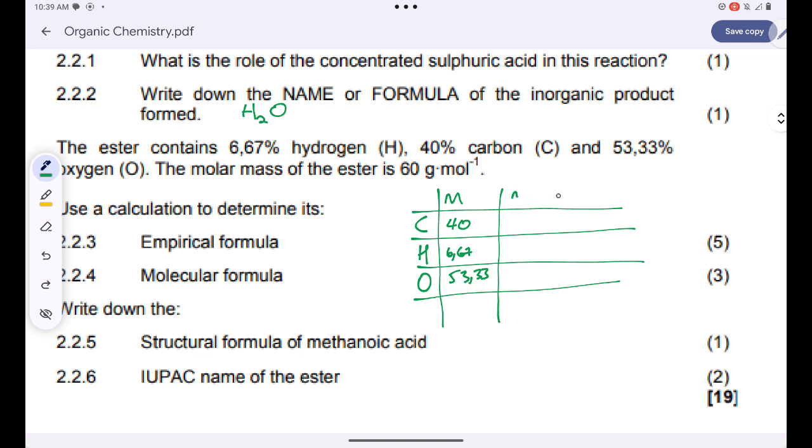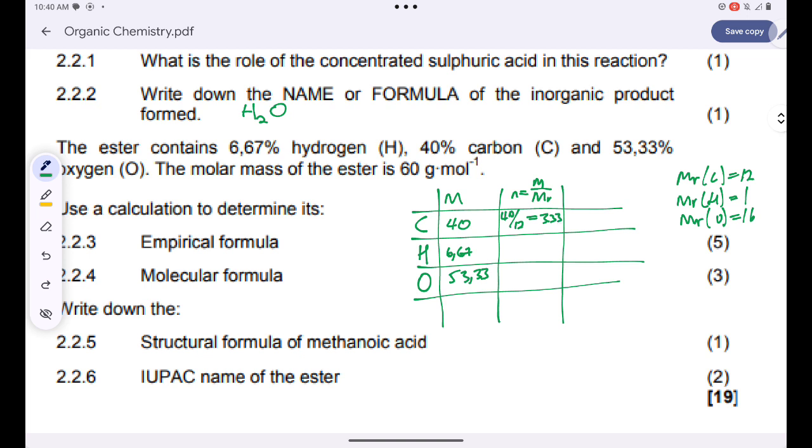Then the number of moles, we'll simply say it's mass over molar mass. So here I'll simply have 40 divided by 12. Remember that, guys, the molar mass for carbon is 12 grams per mole. For hydrogen, 1 gram per mole. And then for oxygen, it's just 16 grams per mole. So when I say 40 divided by 12, I'll simply get 3.33.